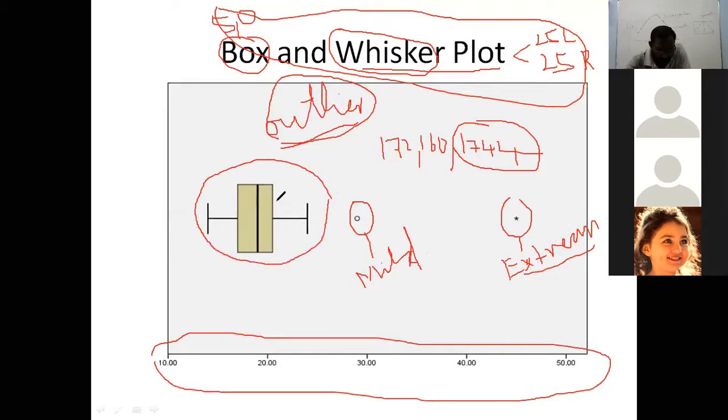This is the box and Whisker plot, so that we can indicate the outliers. Automatically, the computer does this. We can calculate it, or otherwise get it from the computer. So this is an extreme outlier. How is the extreme outlier indicated in a box and Whisker plot graph? Like an asterisk. The mild outlier is indicated using a dot or a small circle. That is how we indicate the mild and the extreme outlier.